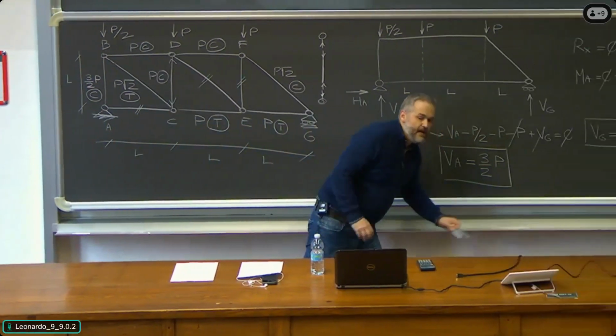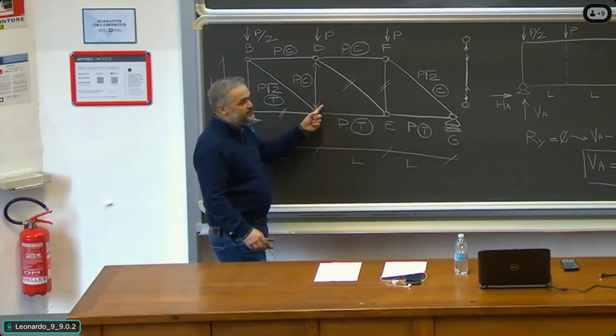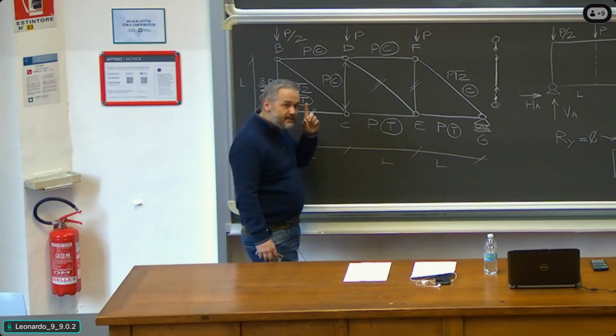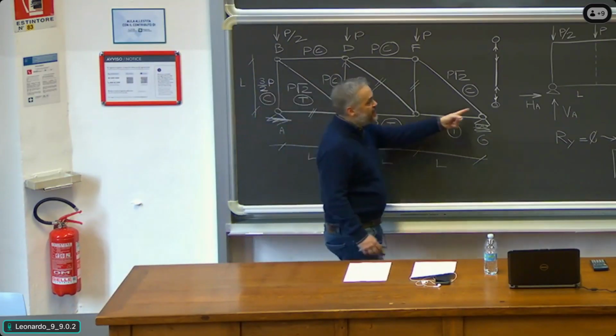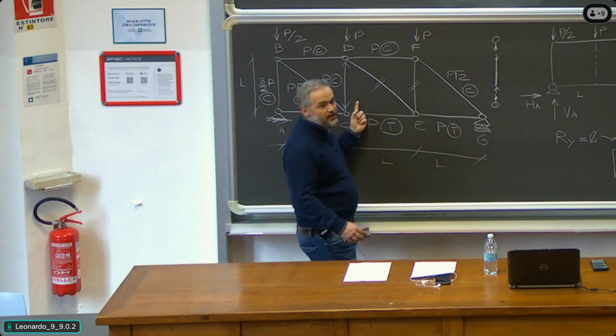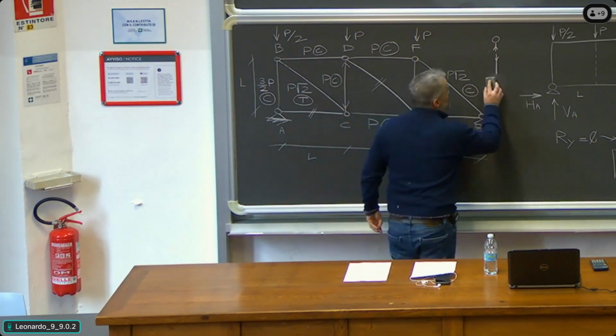As I pointed out also during classes, putting the arrows like this to indicate the sign is misleading, because thinking about the interaction between joints and members, I don't understand from this whether the arrows are pointing towards the joints or towards the member. Okay?